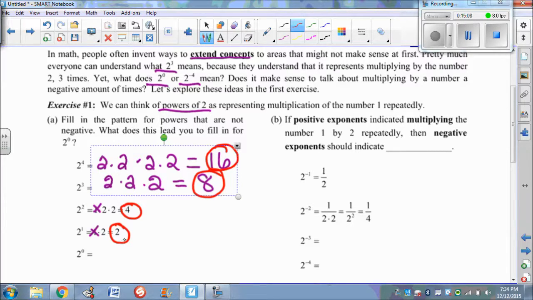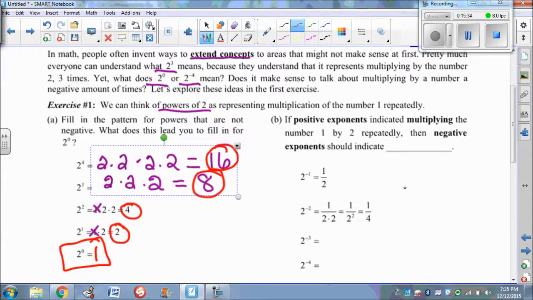Hopefully you're saying they're being divided by 2 or cut in half. So if we continued that pattern, 16 to 8 to 4 to 2, divide that by 2 and you get 1. So 2 to the 0 equals 1. That's going to be always and forever. Anything to the 0 power equals 1.